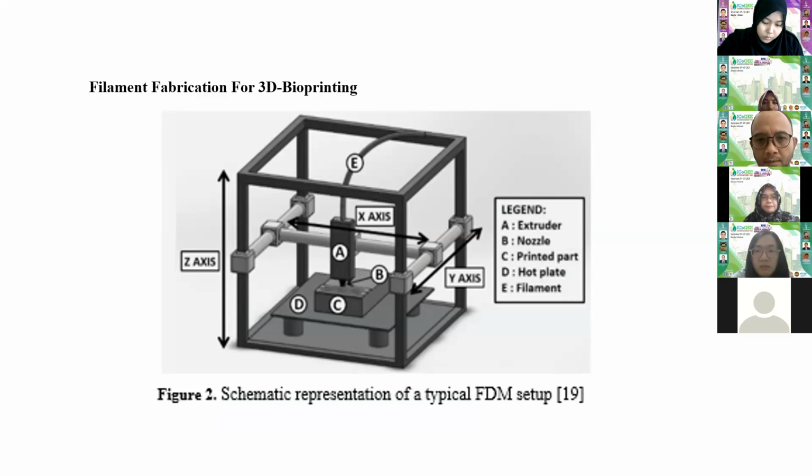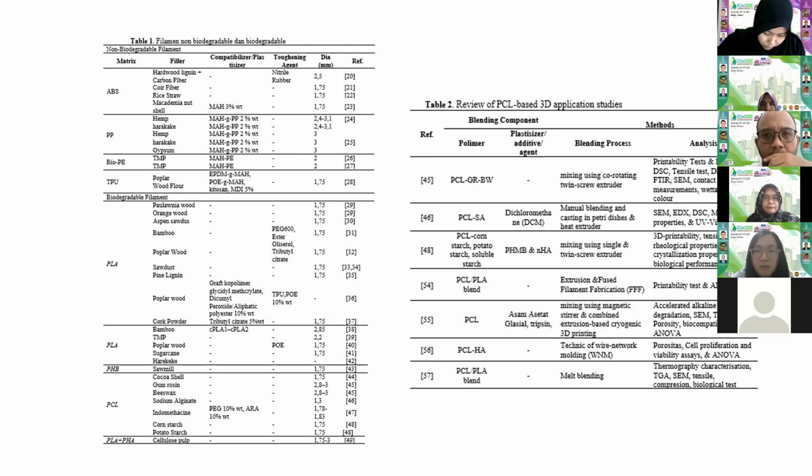The filament manufacturing method is called FDM, shown in this picture. You can see this was innovated in 1989. So yes, this hybrid material we can take from many kinds.